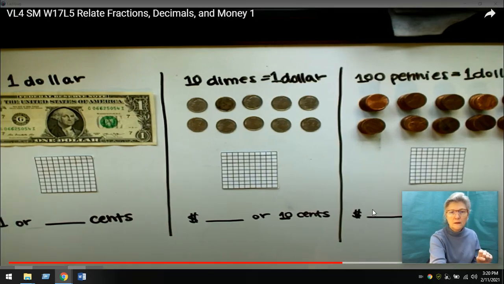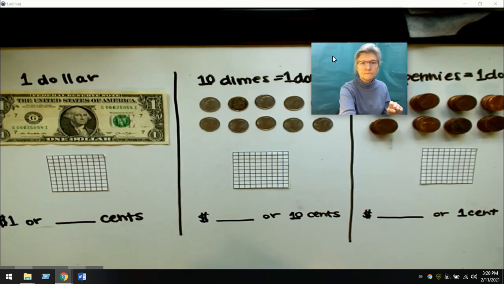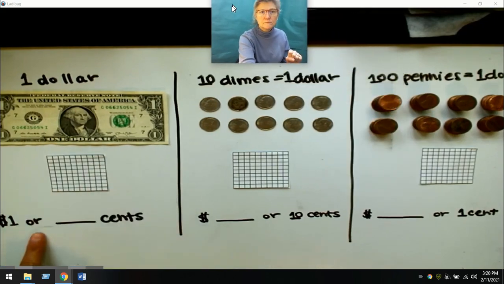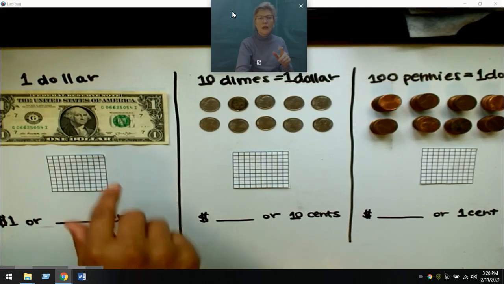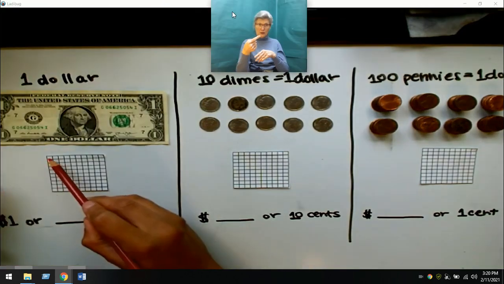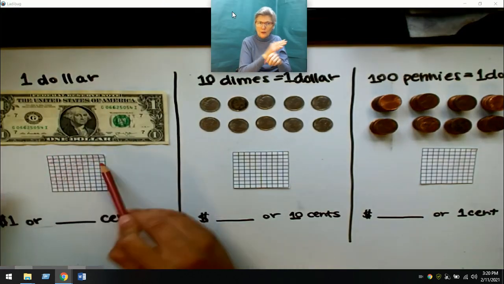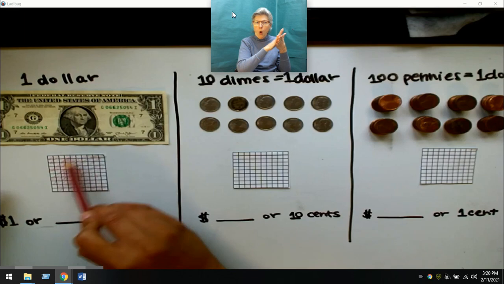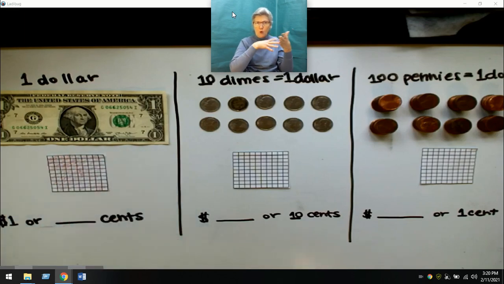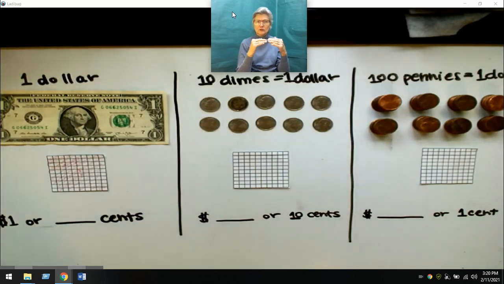So let's start by looking at $1. We know that $1 is 1 whole in our system, right? So $1 would be equivalent to this whole hundreds grid being shaded. That tells us that $1 is equivalent to 100 cents.